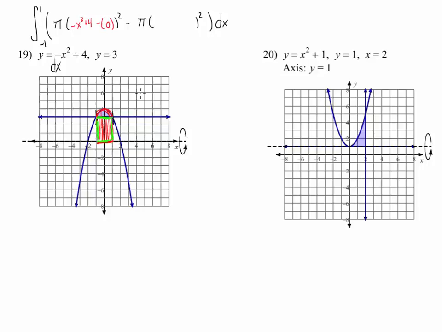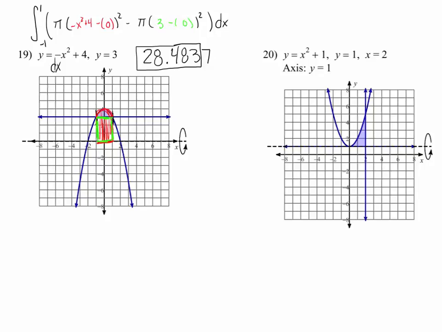And it's bounded on top by the line 3 minus our axis of rotation, which is 0. And there's our equation. Type it into your calculator, and we get 28.4837. So you can do 28.483, or you can round that up to a 4.